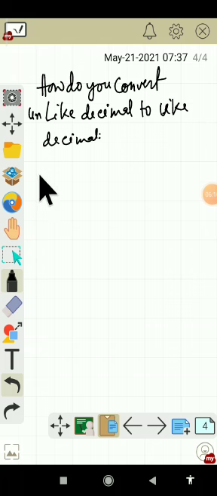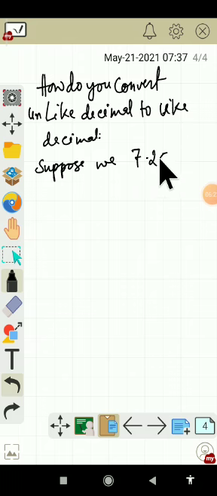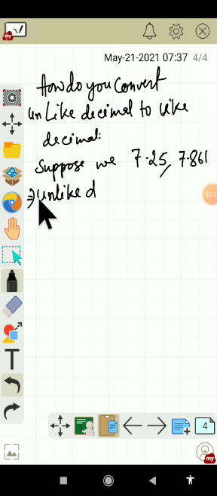Suppose we have 7.25 and 7.861. These are unlike decimals.